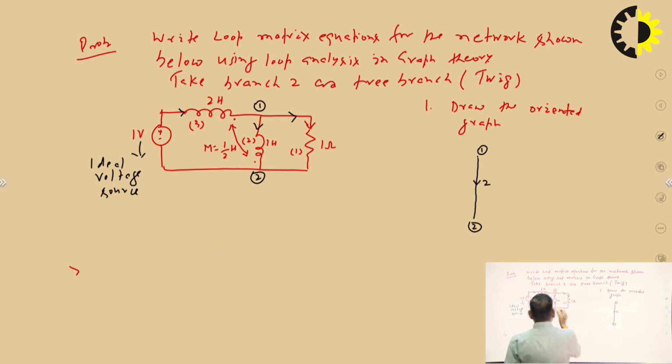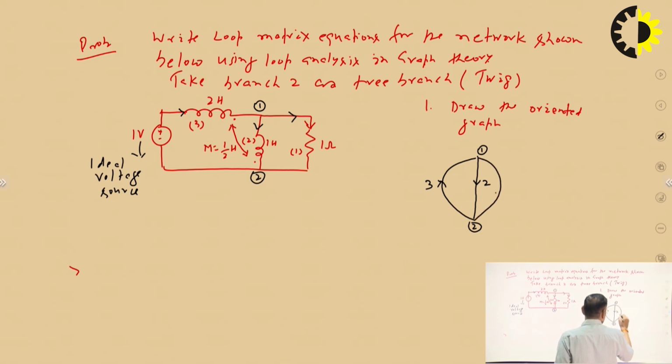Then from 1 to 2 we have another branch, branch number 3, and from 1 to 2 we have another branch. There are 3 branches, 1, 2, 3, and 2 nodes. So this is the oriented graph.